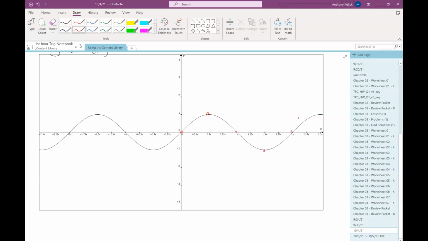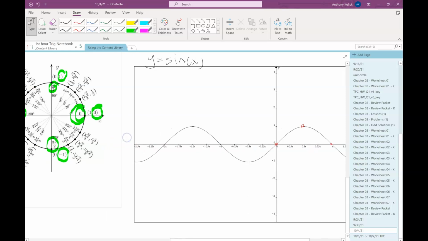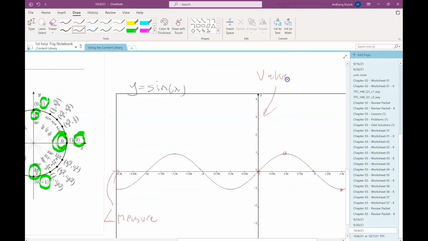Emilio? I'm a little confused as to how you got the points. Right. So for example here, the angle measure is 0 radians, and the value for sine is 0. So the x-axis is the angle measure, and the y-axis is the value for sine.